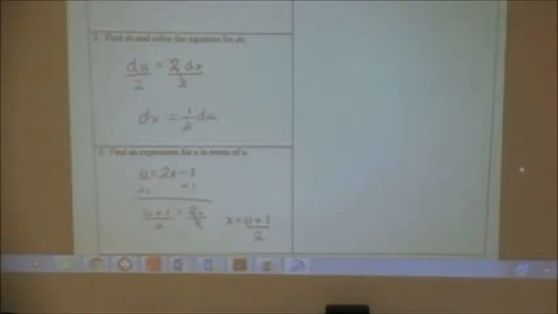Okay? So now, I'm going to rewrite the entire integrand as a polynomial type of function in terms of u instead of x. And then we're going to antidifferentiate it.